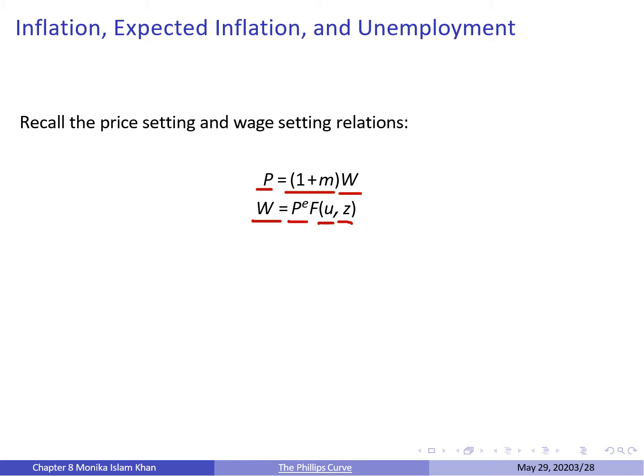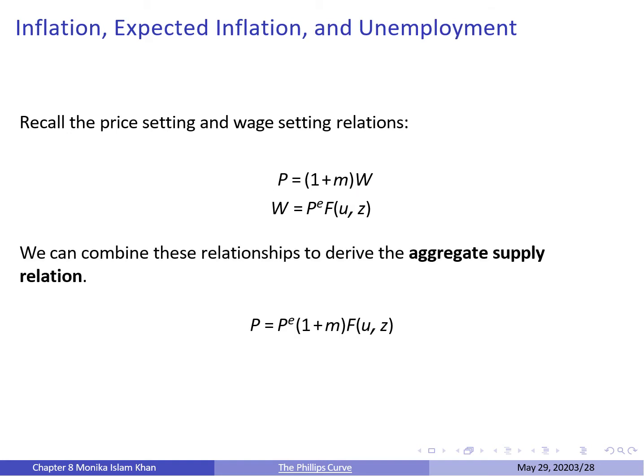So for this chapter, we acknowledge the fact that price is not equal to the expected price level. We can then combine these two relationships to derive the aggregate supply relation. Replacing the nominal wage in the first equation by its expression from the second equation gives us the following aggregate supply relation.